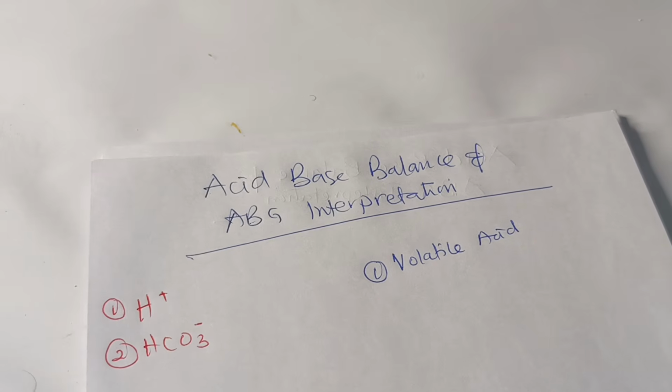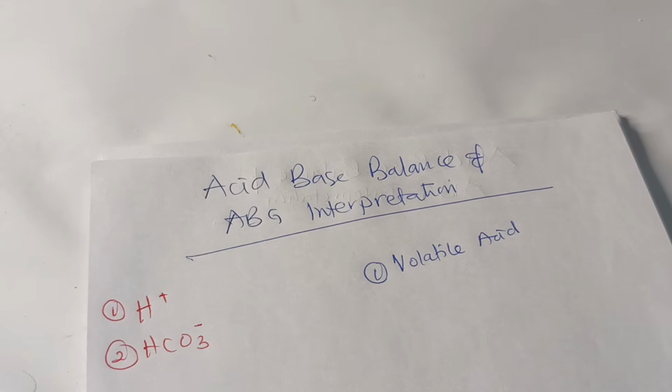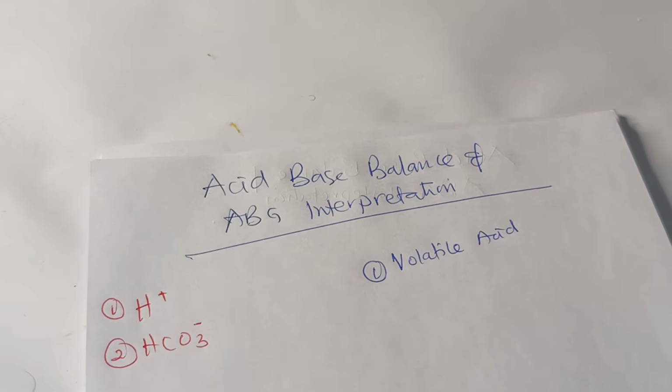So, you know that the body is always in a state of trying to maintain balance for optimal function of the cells. There's a term called homeostasis, which is used to describe how the body is always maintaining balance.